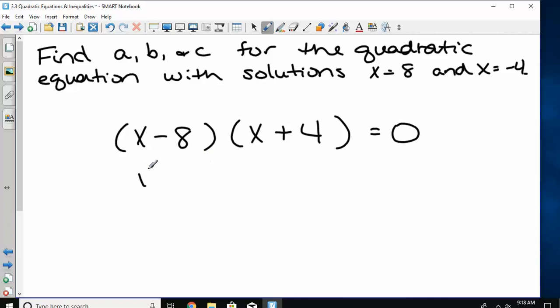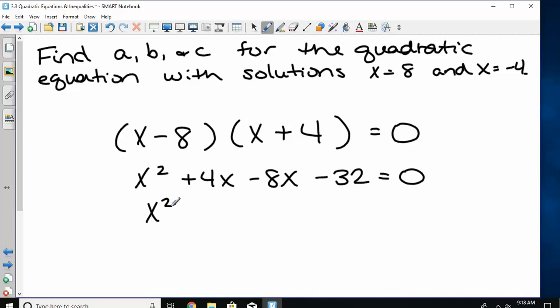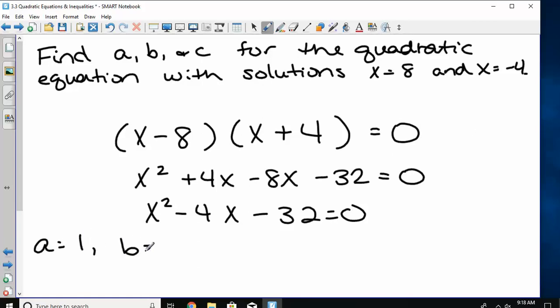So we get x squared plus 4x minus 8x minus 32. So x squared minus 4x minus 32 is 0. So my A is 1, B is, and C. So you might have to work backwards, just being able to look at the solution and write the factored form from that.